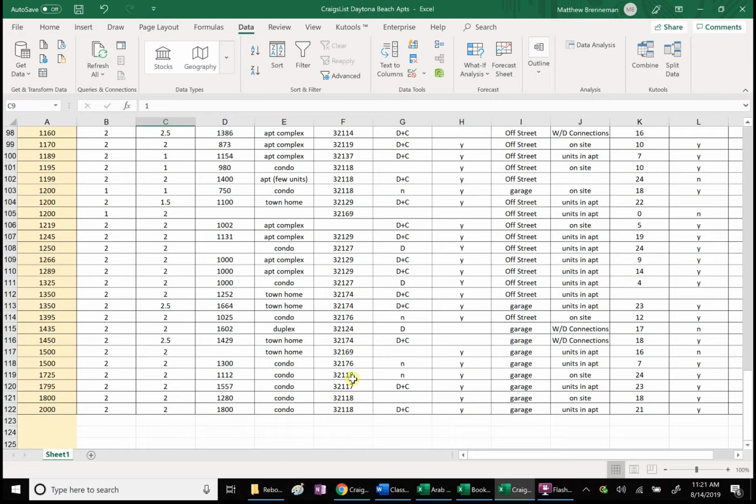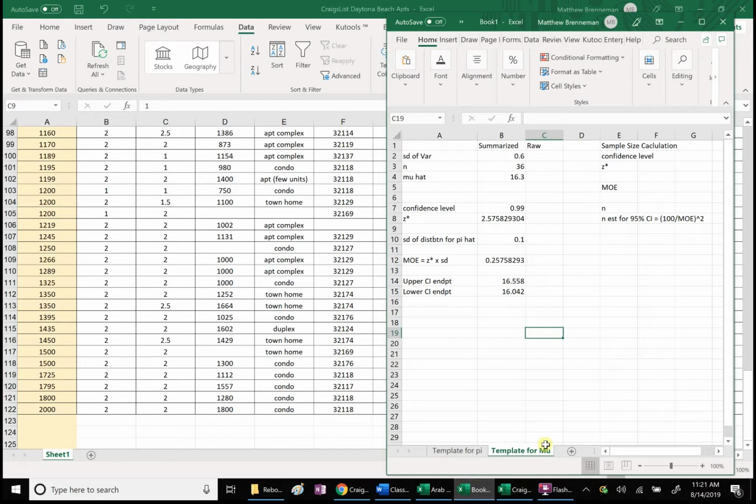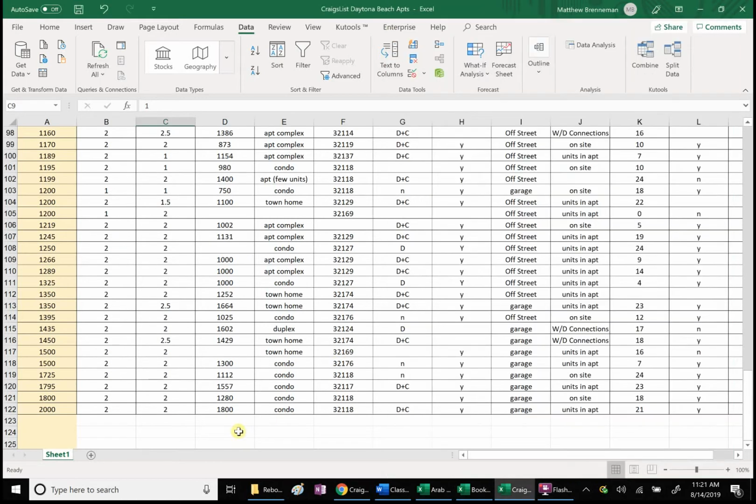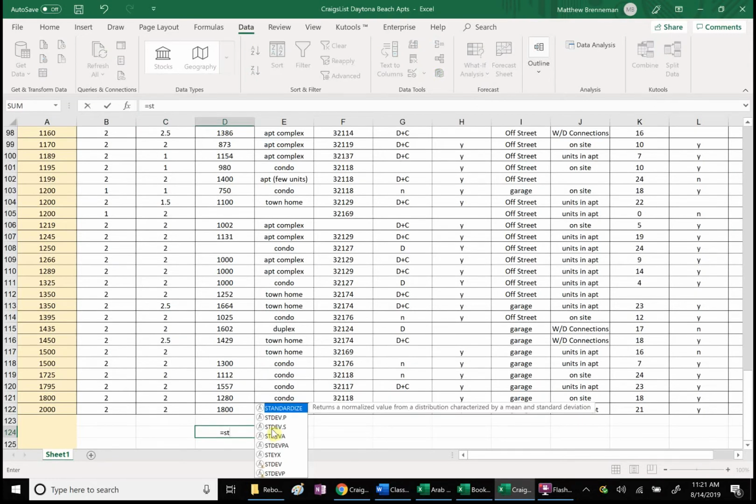And I have 121 data values. Okay, so I can write down my sample size. It's 121. And I'm going to need the sample mean and the sample standard deviation. So I'm going to compute these right here. STDEV.S.